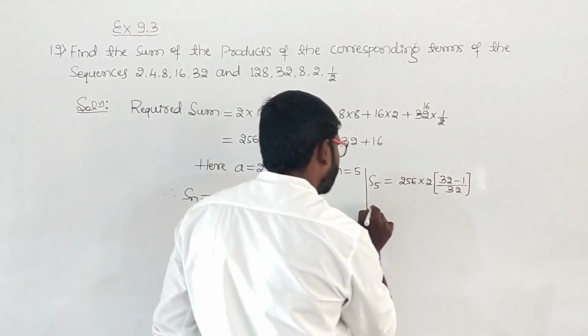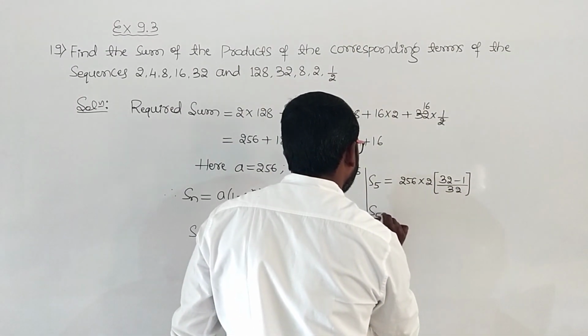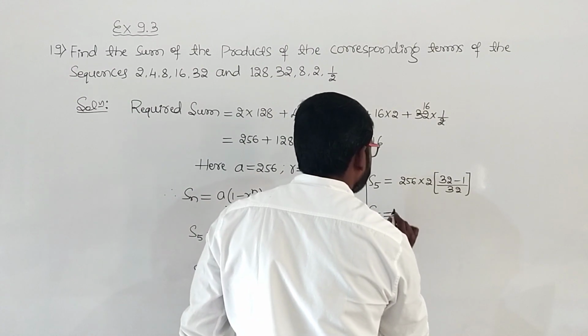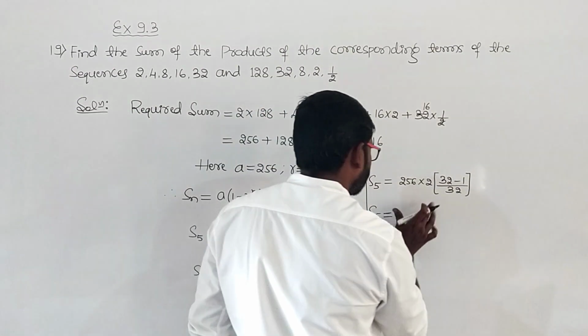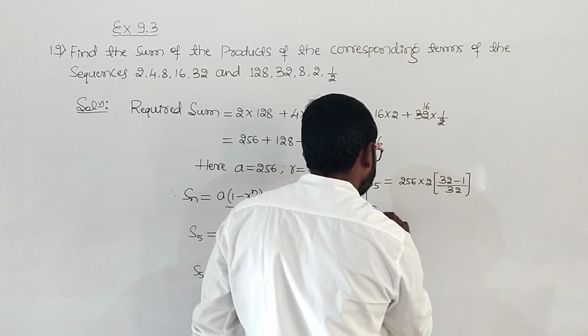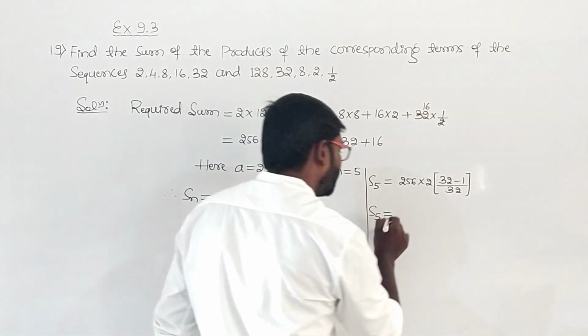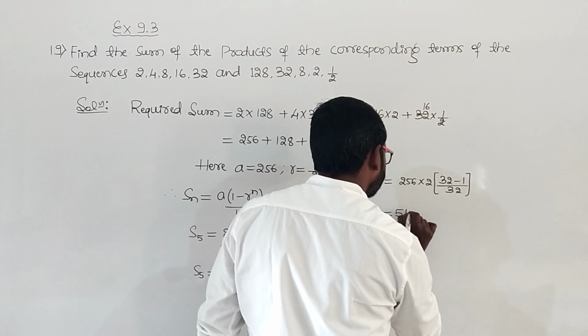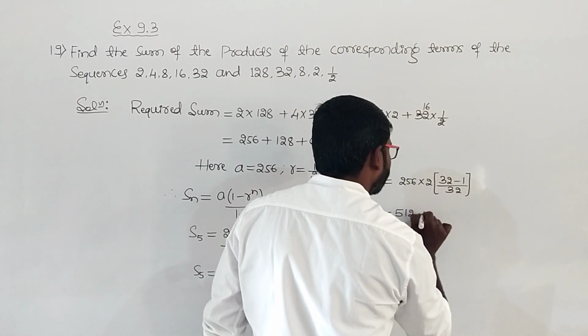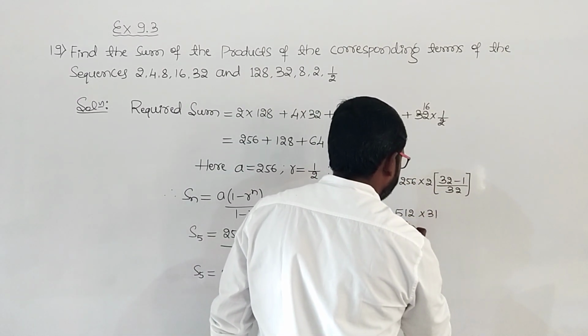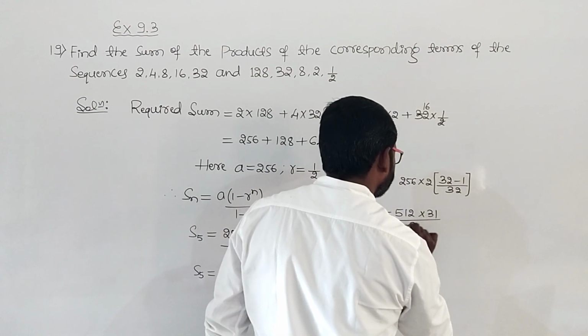Then S5 is equal to, so how much do we get? 256 into 2 will be 512, then into 31 divided by 32.